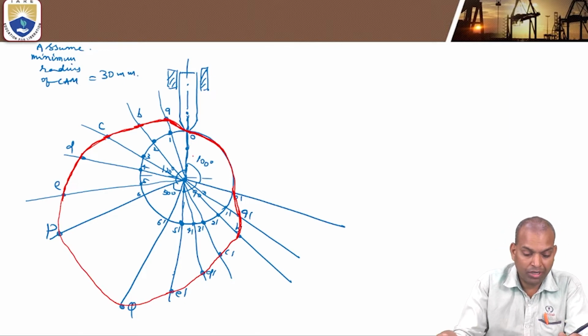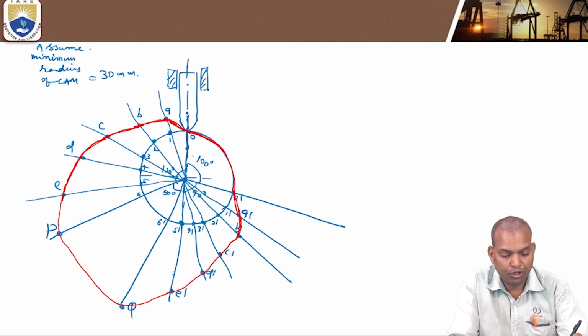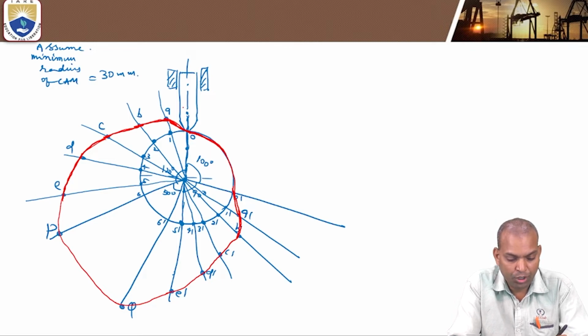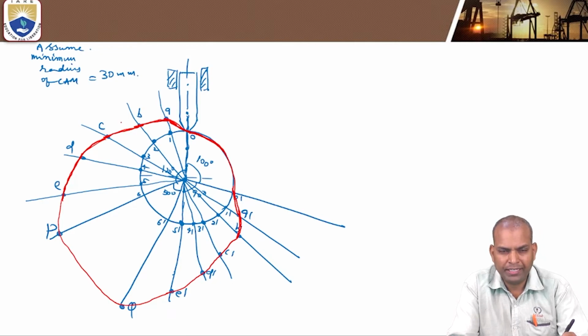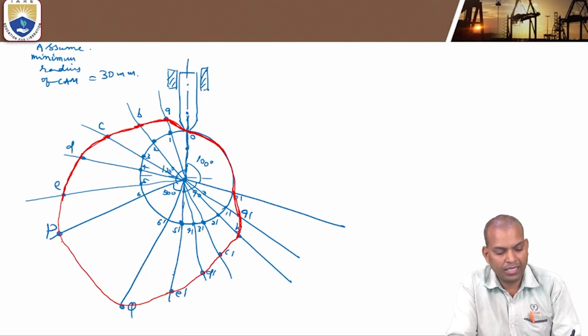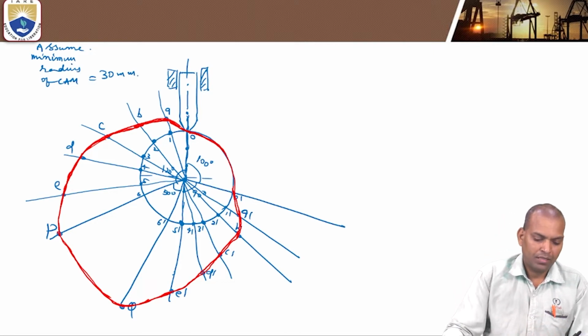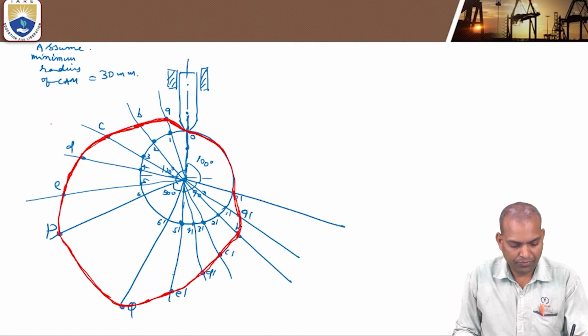And one more very important thing while drawing is that the base circle, radial lines and follower, all these should be drawn light in color with pencil, whereas the cam profile should be dark, because it is the main result. So this is the cam profile.